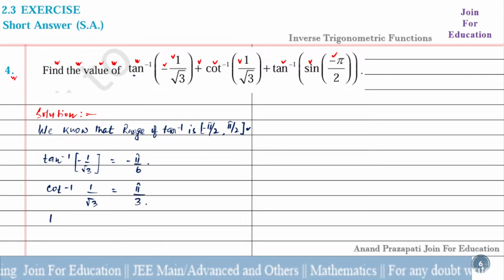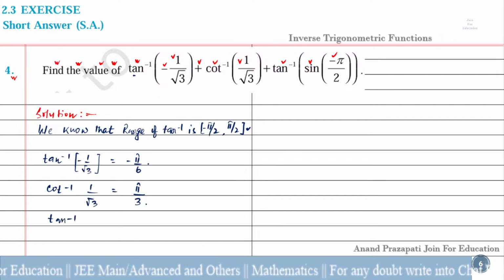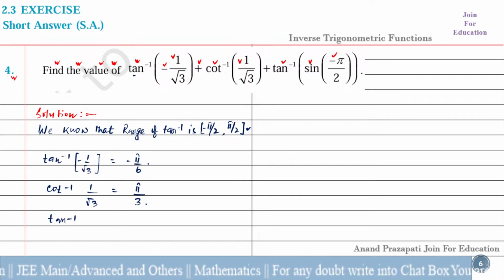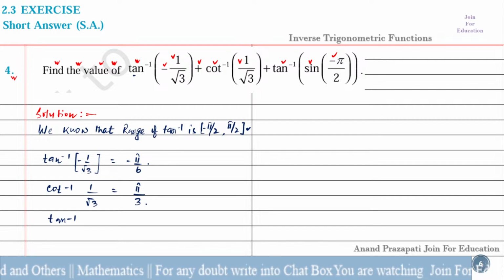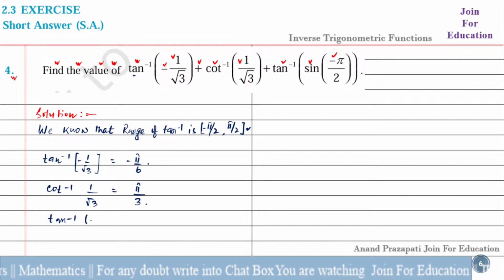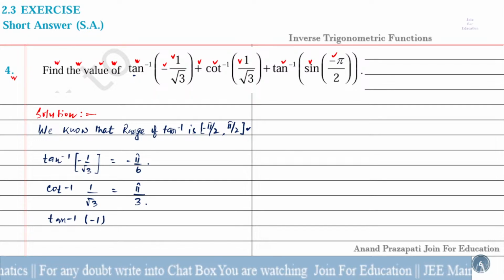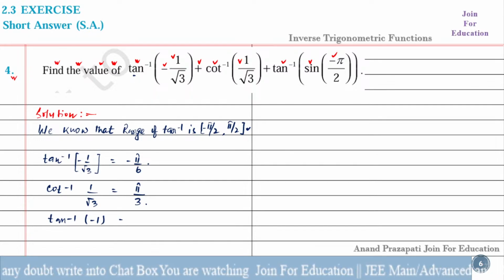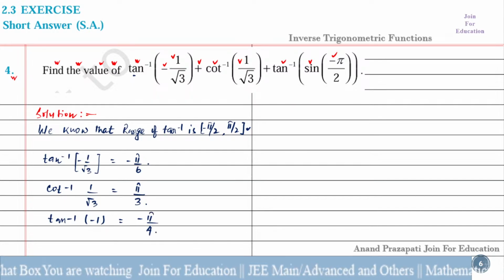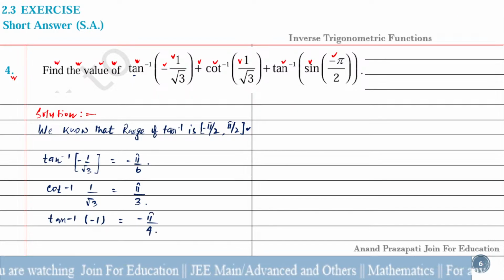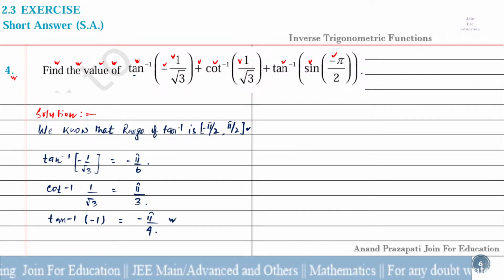Again tan inverse sine minus pi by 2 equals tan inverse minus 1, so tan inverse minus 1 equals minus pi by 4. Hope there is no problem understanding up to this step.